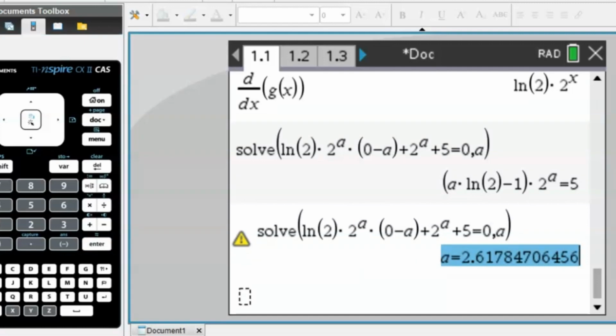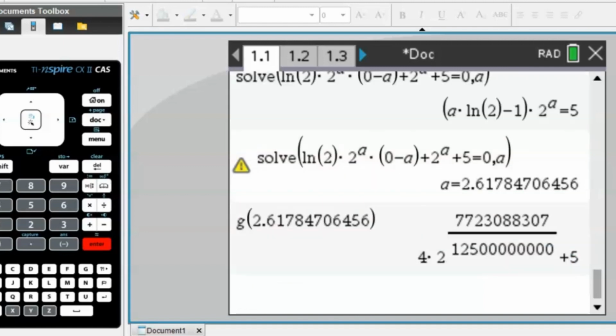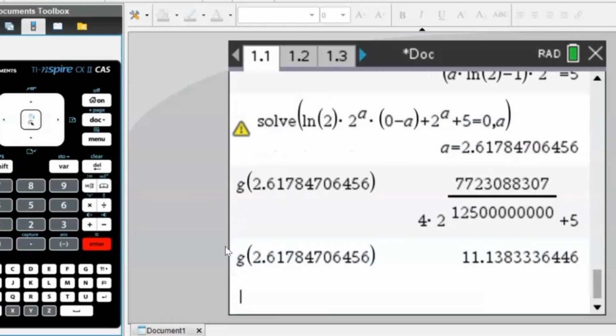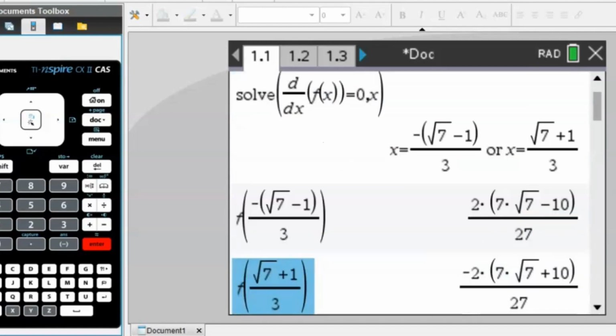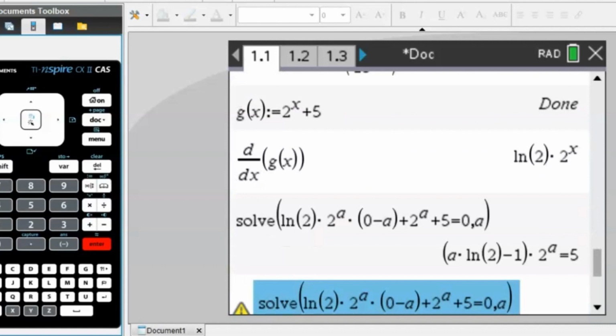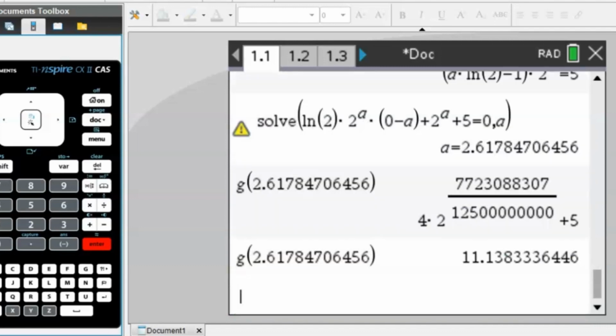So when I get the equation, well, that's the a value. If that's my a value, and my g of x was my g of x, if I substitute that back into my g of x, what do I get? Let me just copy this.